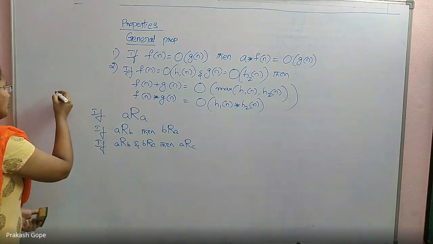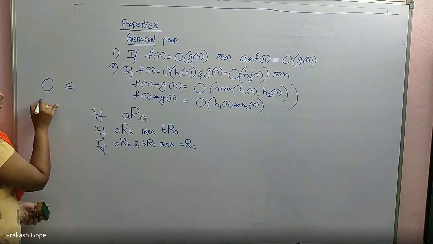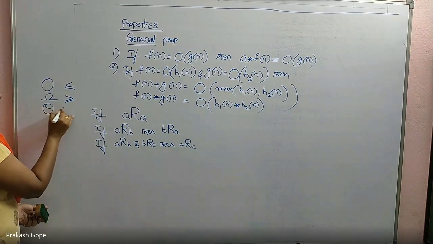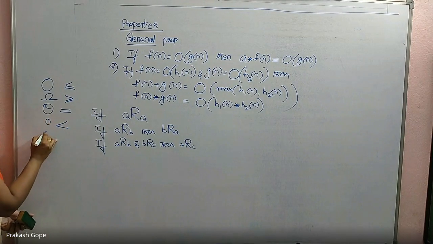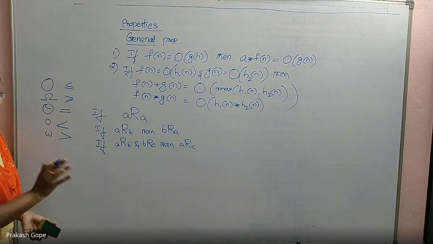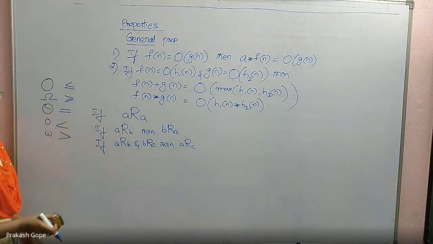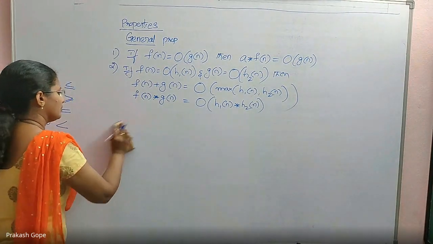Because yesterday we were saying big O means less than or equal to, big omega means greater than or equal to, theta is equal to, little o is strict less than, little omega is strict greater than. If you know what is reflexive, symmetric and transitive, we can write all the properties. You don't have to learn them by heart.